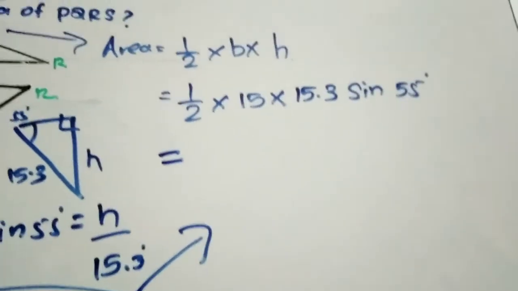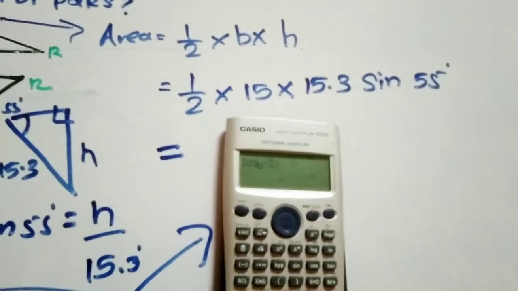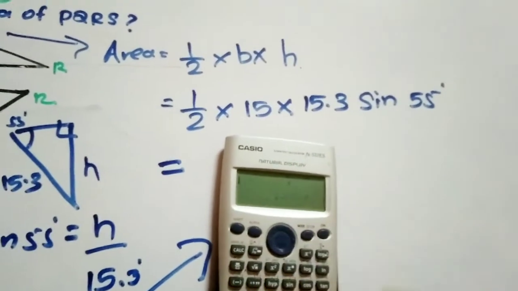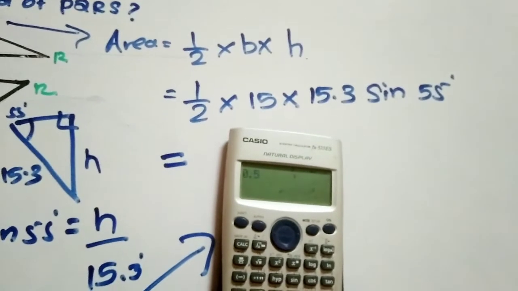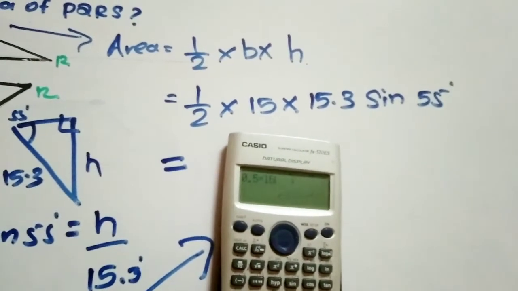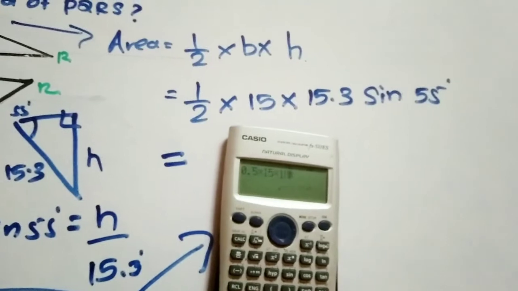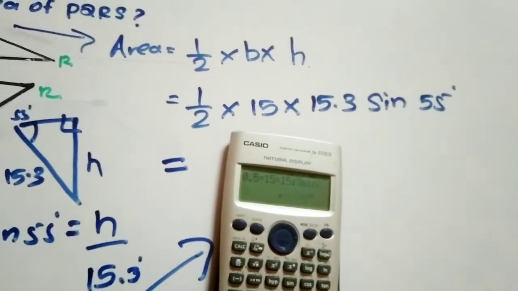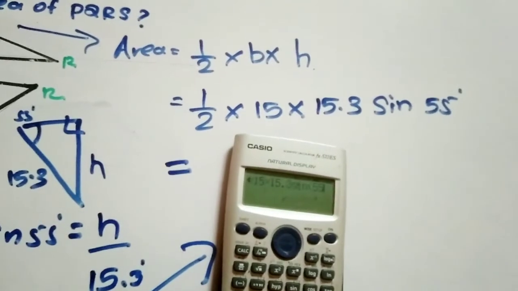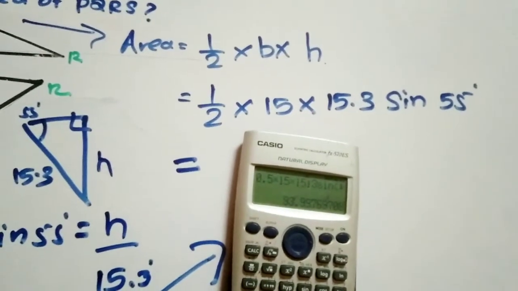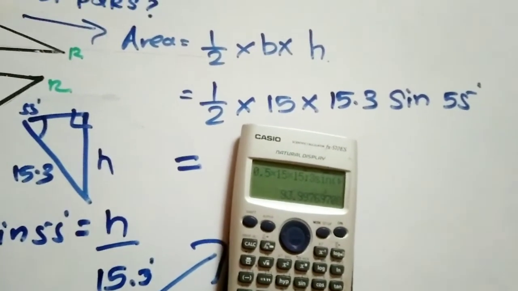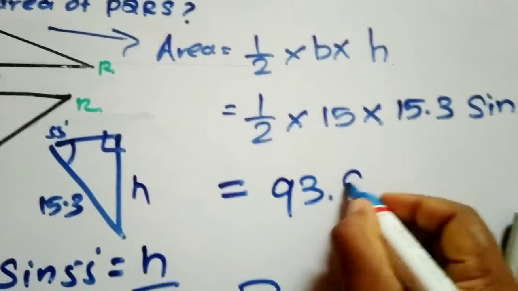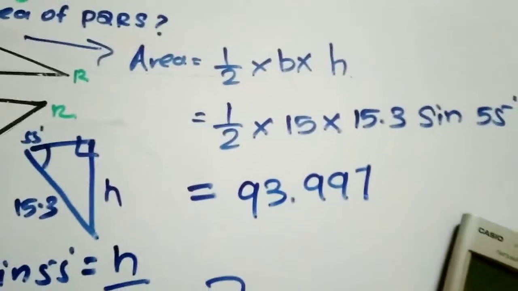So let's simplify. The decimal form of half is 0.5. So 0.5 into 15 into 15.3 into sine 55 is equal to 93.997.